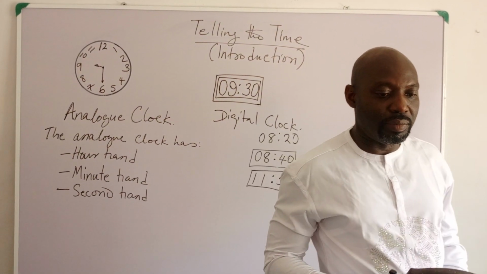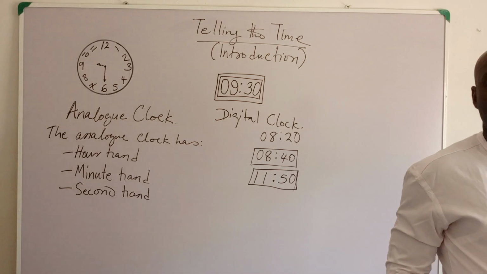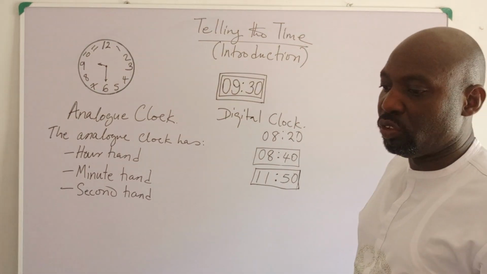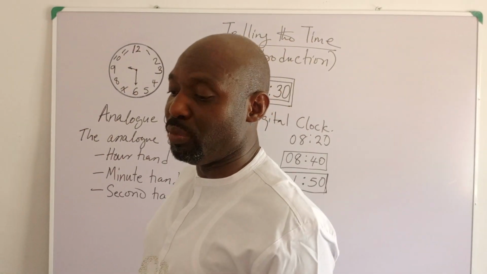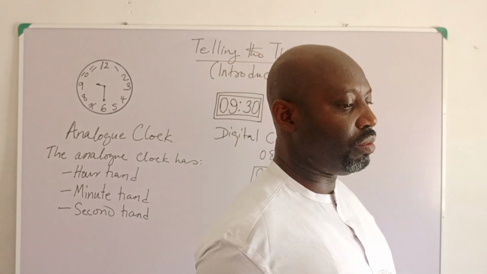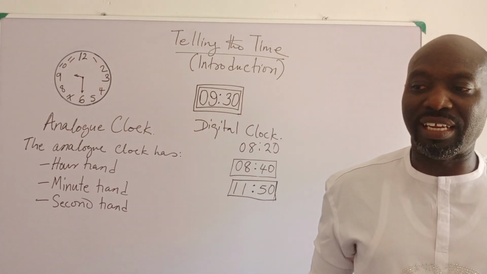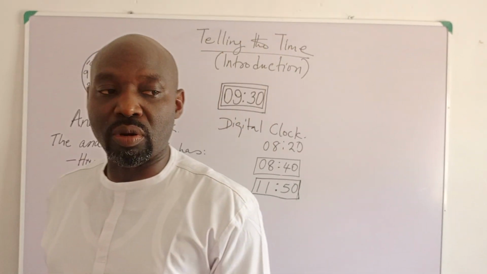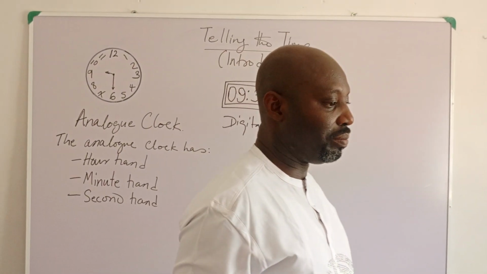Telling the time is now an issue with high school students. Even today, if you meet university students, I bet you, if you go to a class of 100, you may find out that more than 50 don't know how to tell the time.